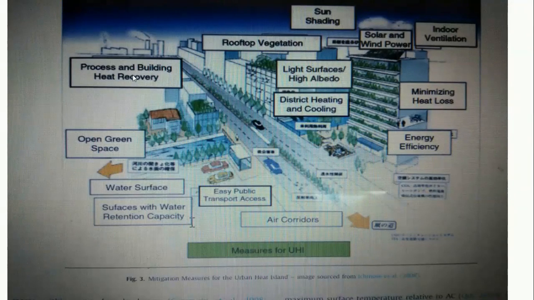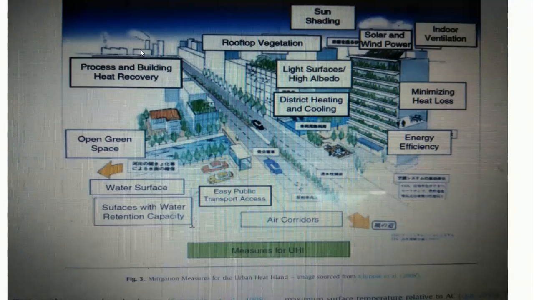So this is the mitigation. We should discuss the mitigation measures, because we know that most of the people are moving towards cities, and most of the people want to live in the cities.